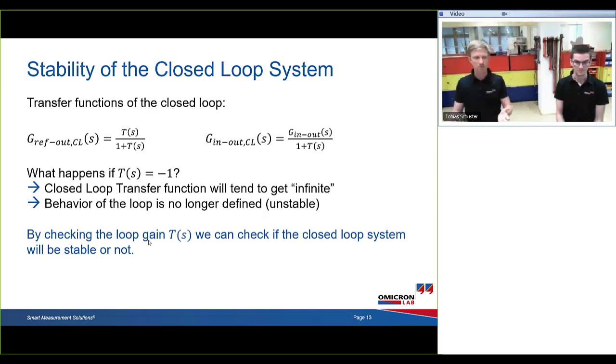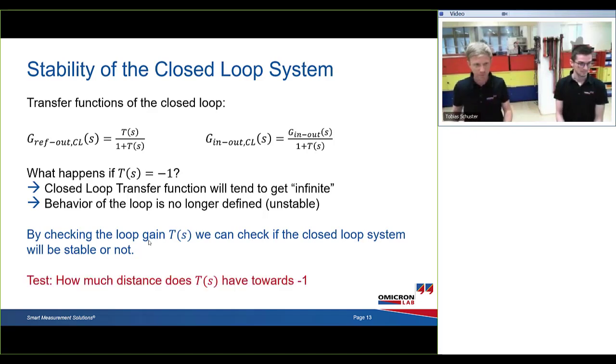So by staying away from that -1 in the loop gain, we can check if the closed loop system is going to be stable or not. And that's of course a very simple test. One of the simplest stability tests is checking how much distance we have towards the -1, towards the instability point.